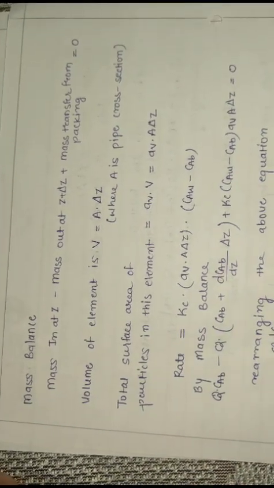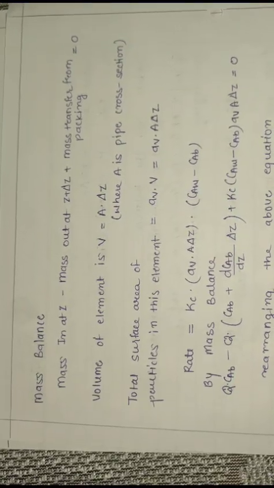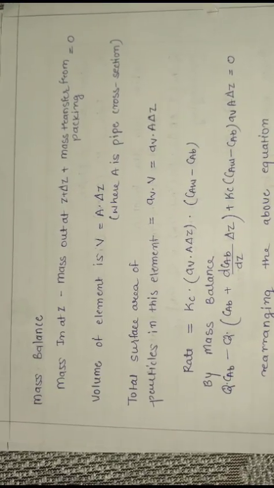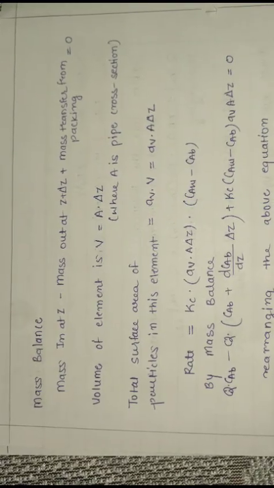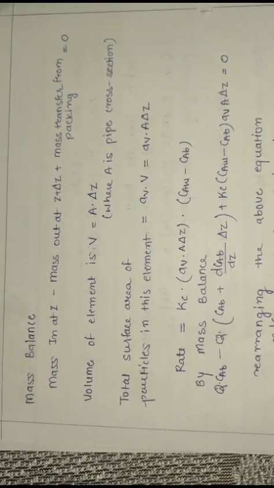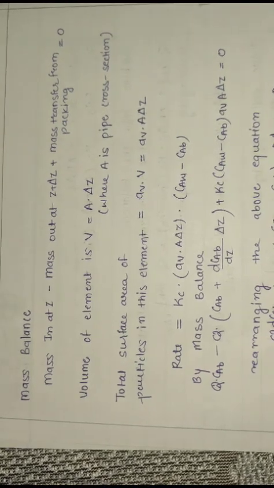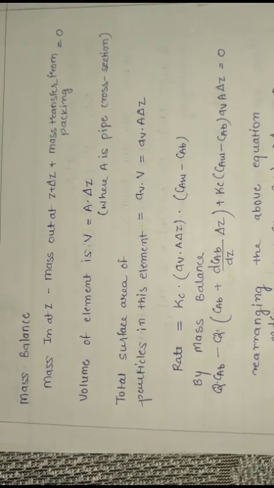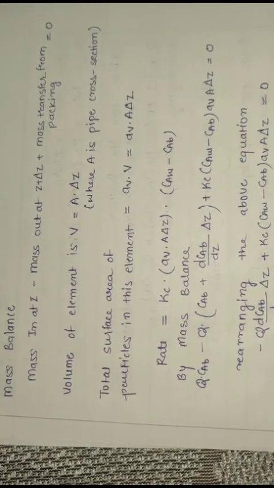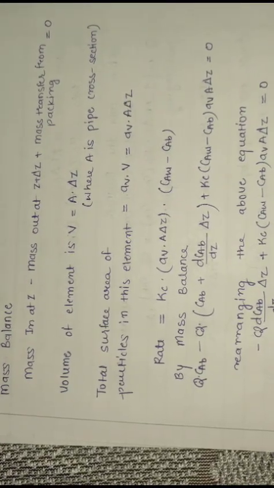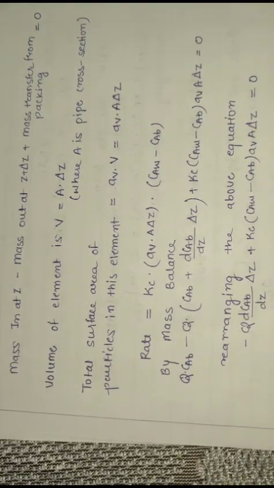We will again apply a mass balance equation, that is mass in at z minus mass out at z plus delta z plus mass transfer from packing equals 0, and the volume of the element is V equals A times delta z, where A is the pipe cross section and the total surface area of the particles in this element is AV times A times delta z.